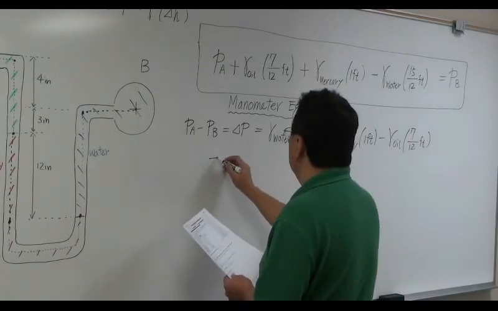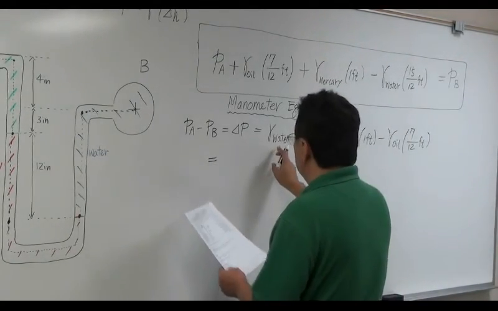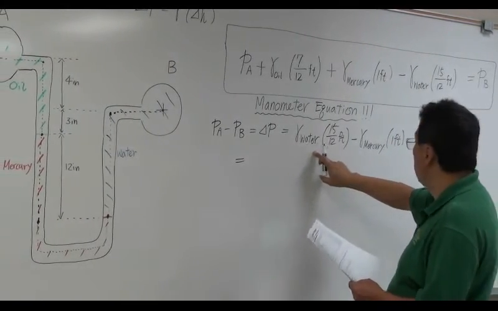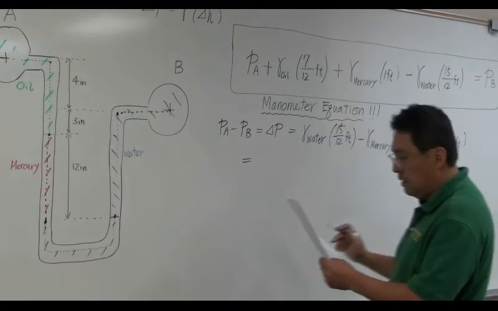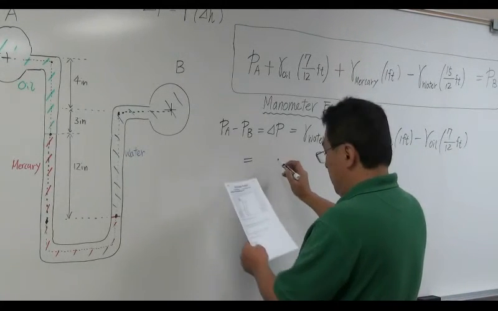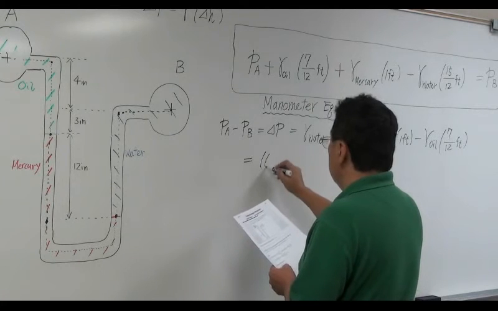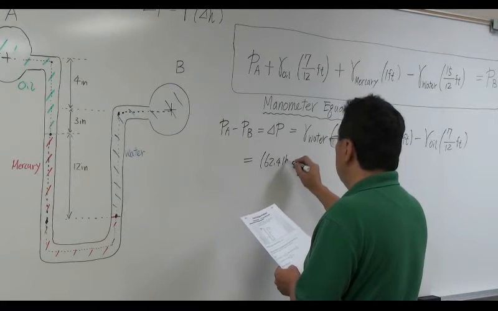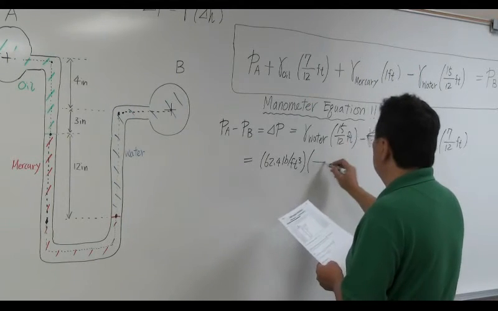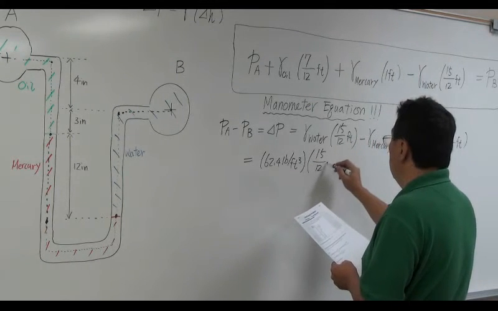So you can plug in the values now. If you look up the property table, you can determine the specific weight of water, mercury, and oil, standard values. So let's use that. Water is 62.4 pounds per cubic foot, multiplied by 15 over 12 foot.